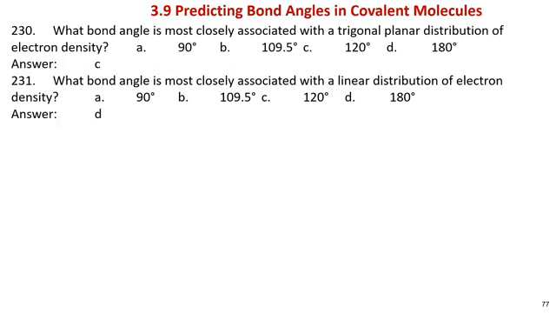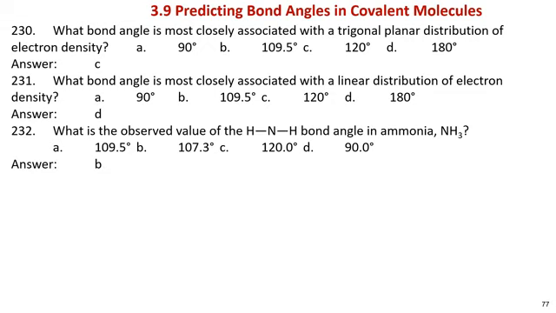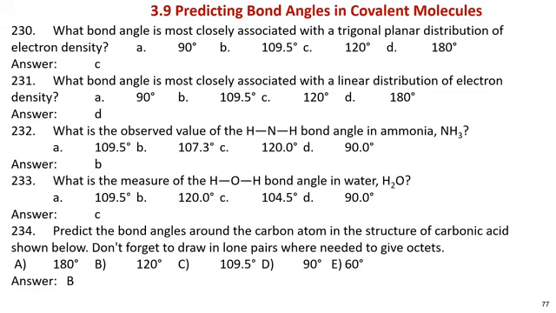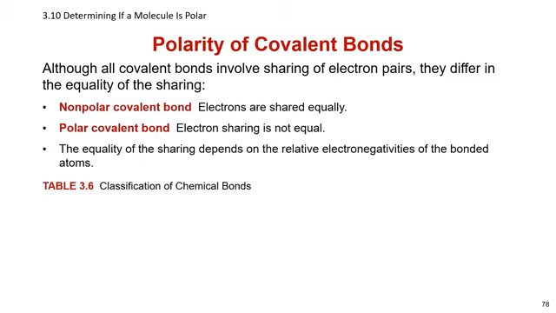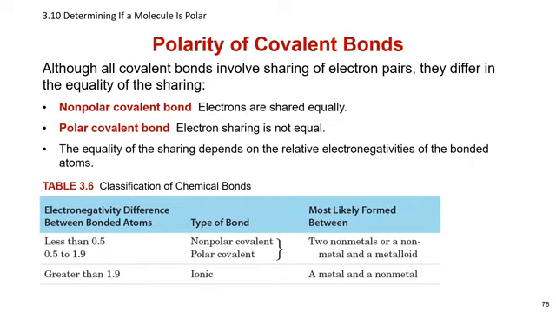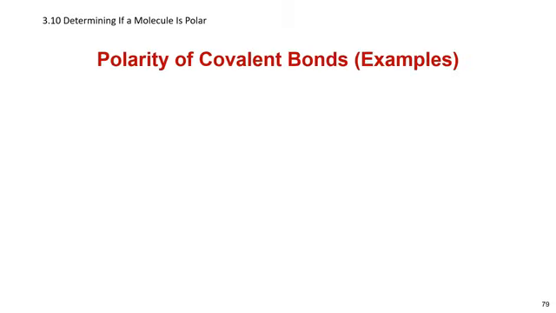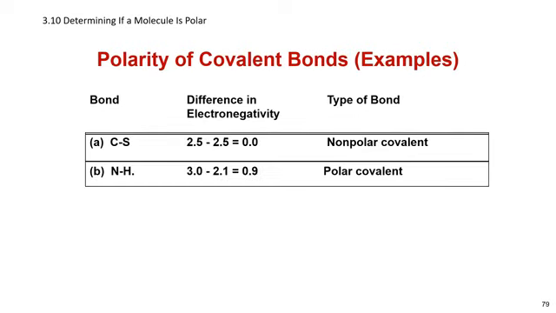Predicting the polarity. Now we talked about this. One of the covalent bonds has to be polar, and they shouldn't be distributed so as to cancel the polar covalent bonds.